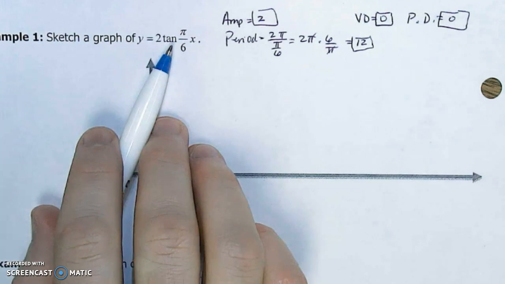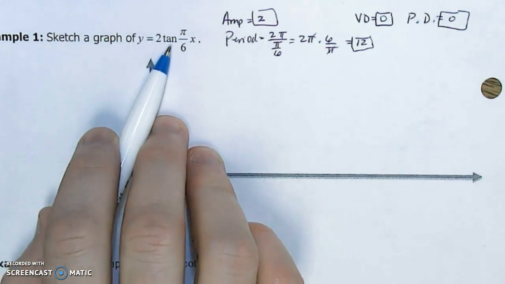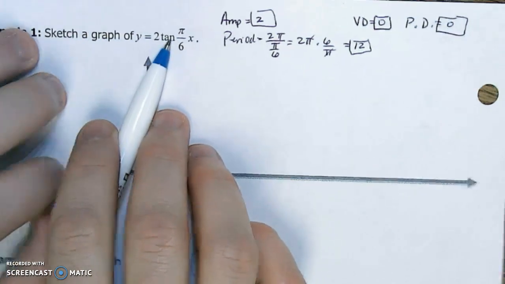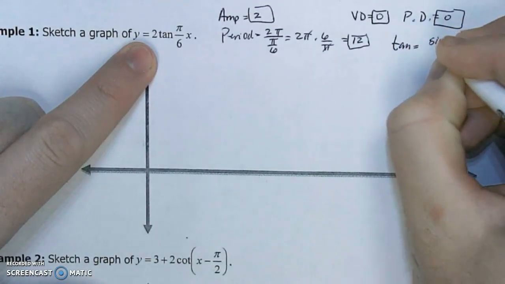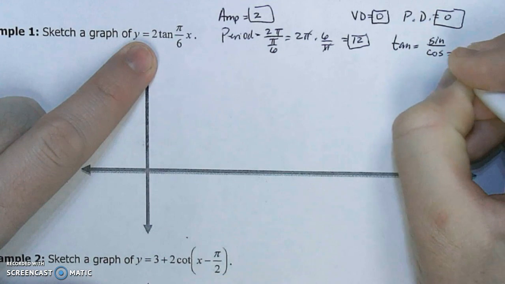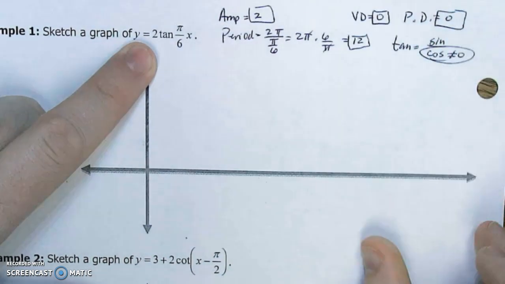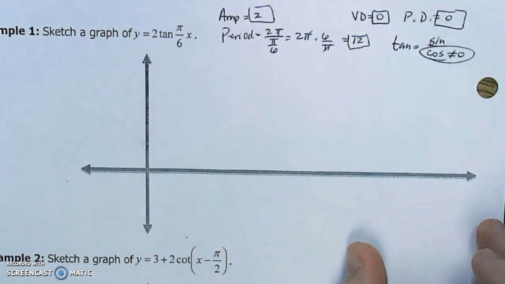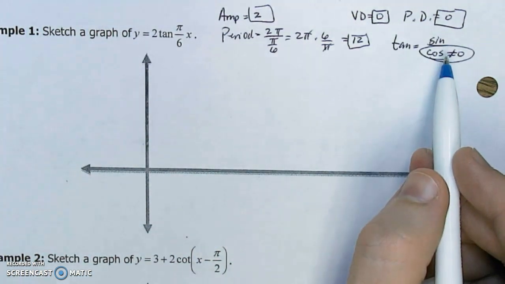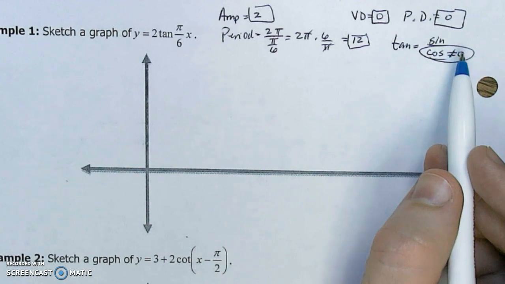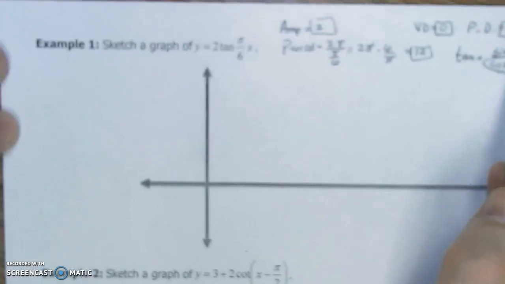But when we do that, I'm going to think about sine and cosine, because tangent is sine over cosine, and we can't let cosine equal 0. So we're going to make a table for the cosine, because that's what I'm going to graph a dotted line for. And then I'll make the tangent graph from that cosine table.